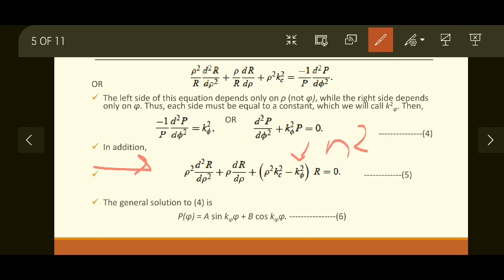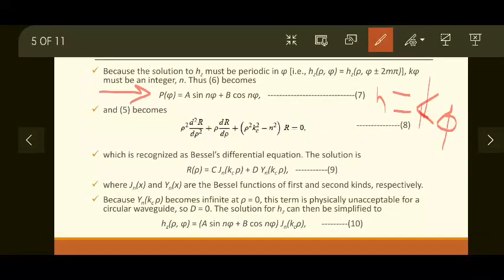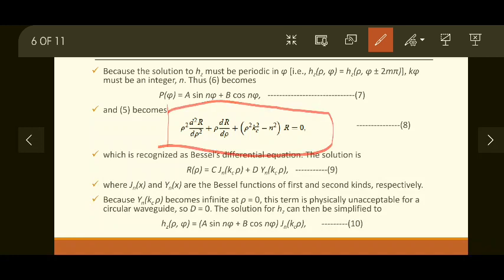Nothing else changes, only this term will change. So the equation becomes rho square d2R by d rho square plus rho dR by d rho plus (rho square kc square minus n square) R is equal to 0. Here you can see k phi is replaced by n. Now this particular second order differential equation is recognized as Bessel's differential equation.